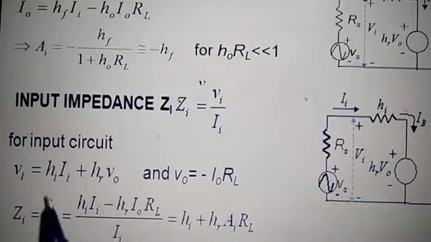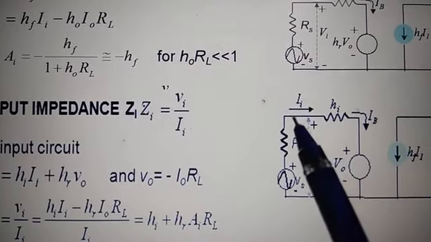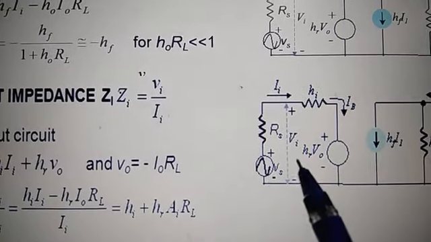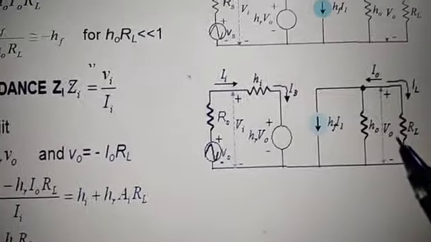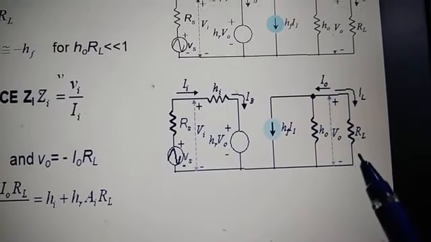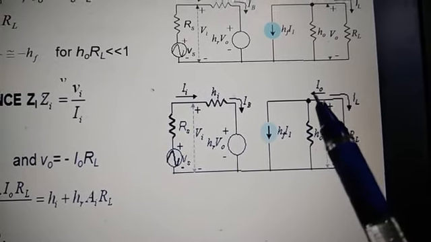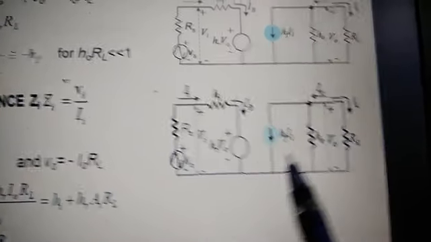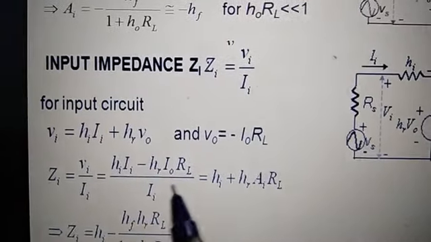Once again, VI is equal to HI into II plus this voltage source HR into V0. Now, what is the value of V0 here? Again, minus I0 into RL, because this IL will be equal to minus I0. So minus I0 into RL is the V0. So you can put here V0 is equal to minus I0 into RL.